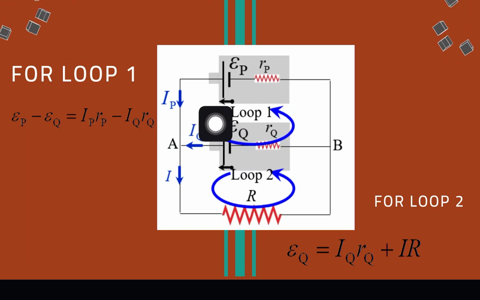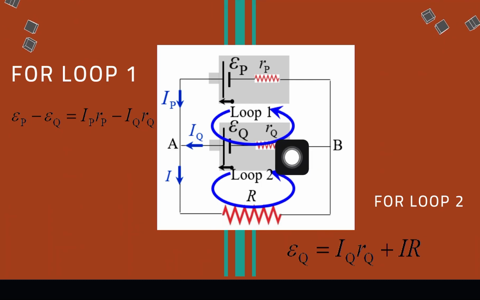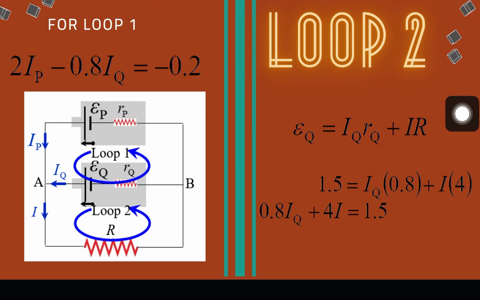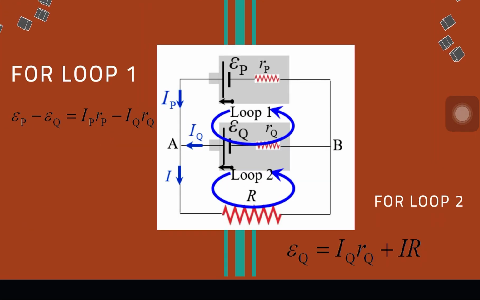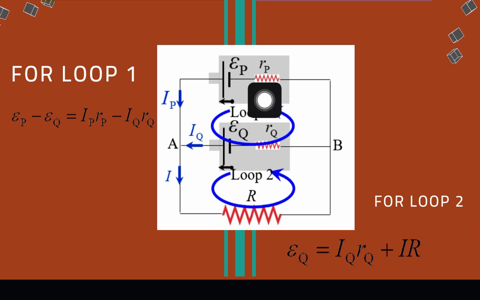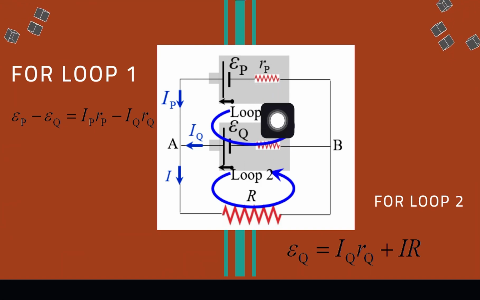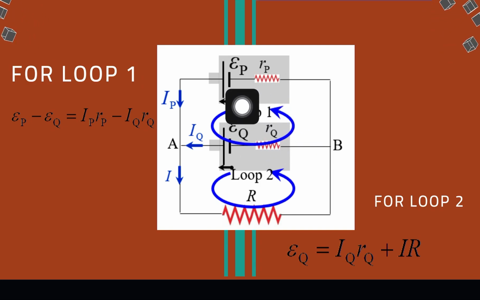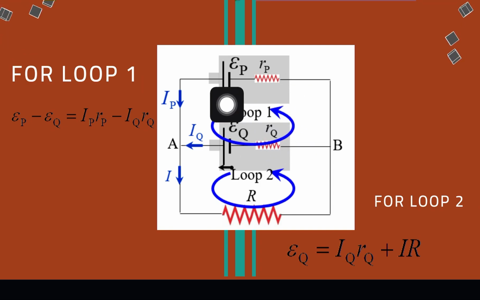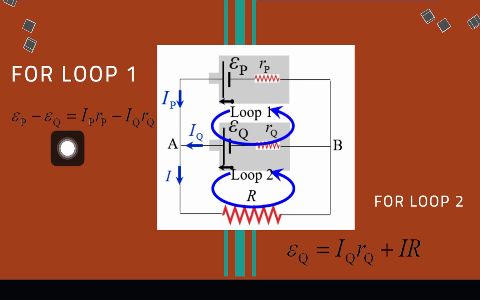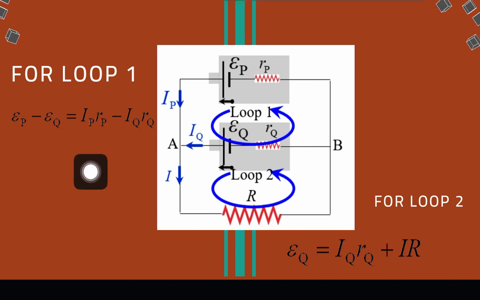So at loop 1, we have RP and RQ. We need to add these two R first. The current passing through RP is IP, and look at the direction of IP. It is in the same direction as the loop. The loop is going to the left and the current IP is also going to the left. So this IP RP is a positive value.